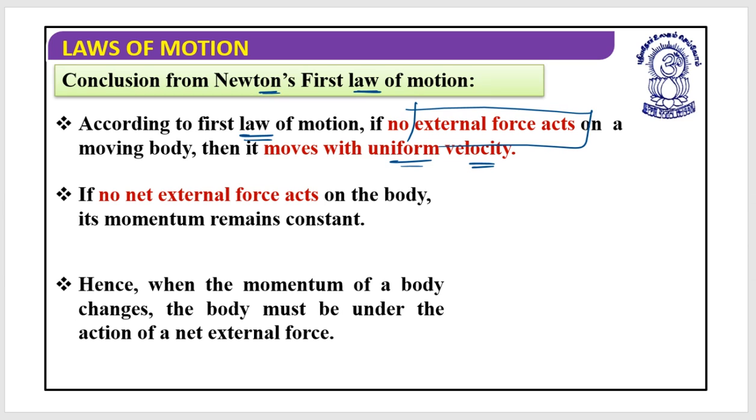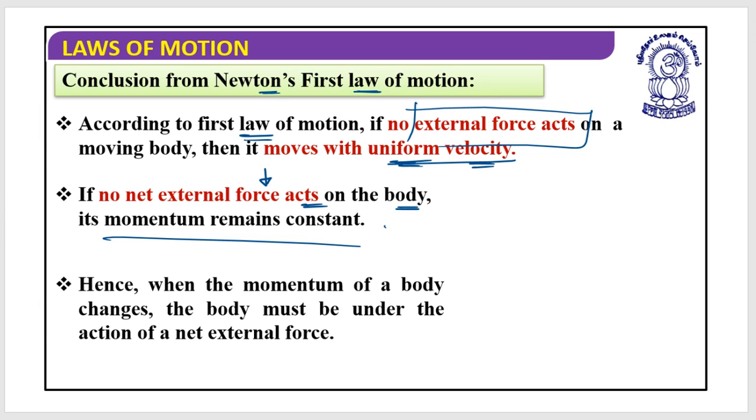It even concludes that if no external force acts on the body, then the momentum of the body remains constant, because it is moving with uniform velocity, and mass never changes. So if velocity remains constant, momentum as well remains constant.